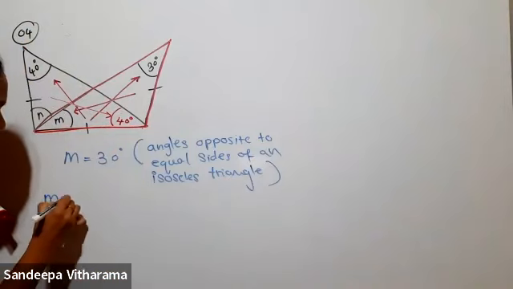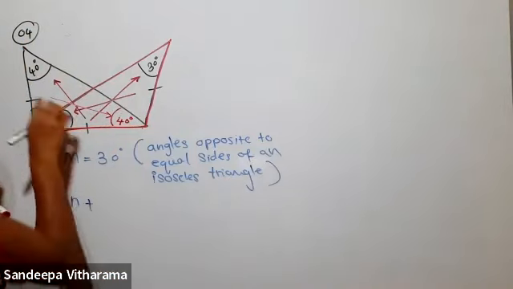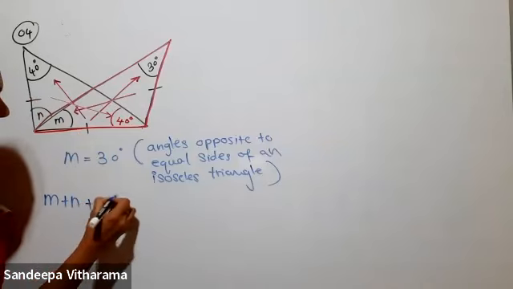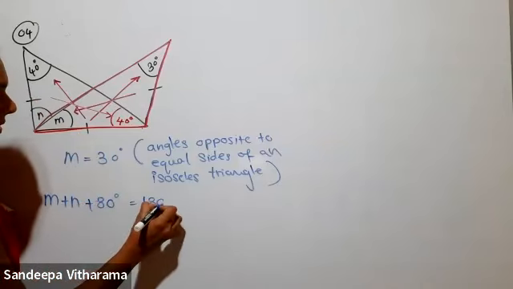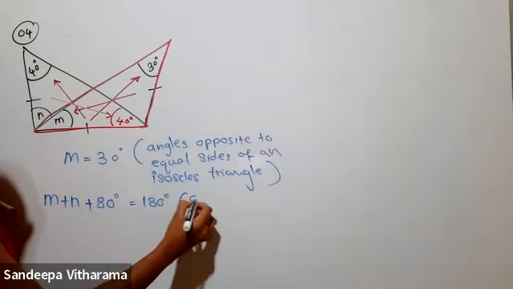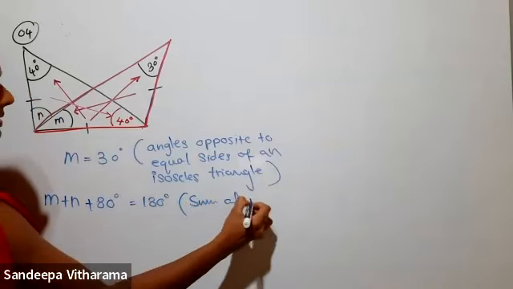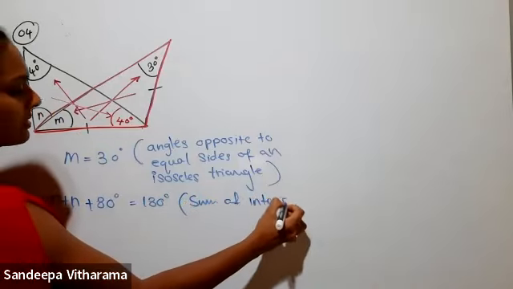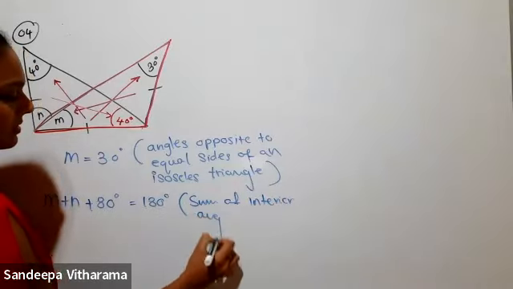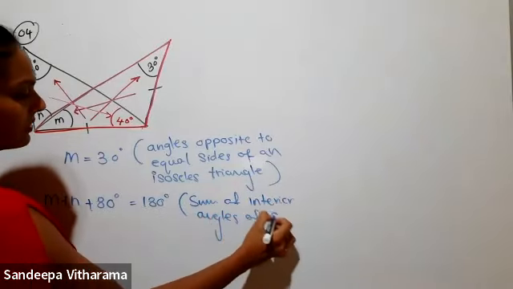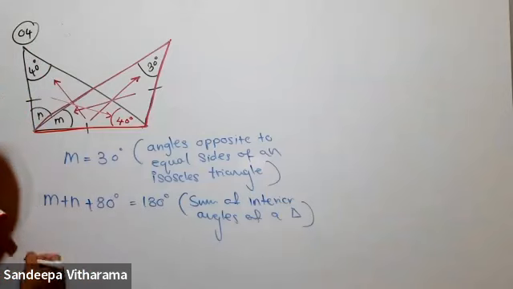N added 40, this 80 equals 180. Reason is the sum of interior angles of the triangle.